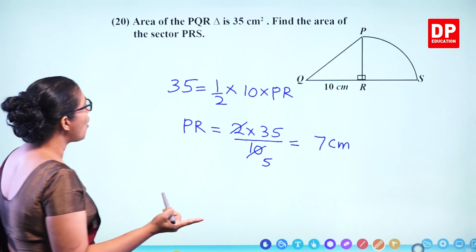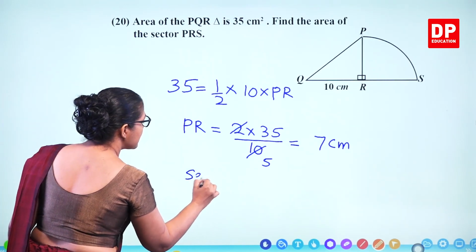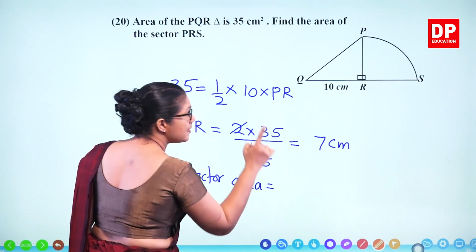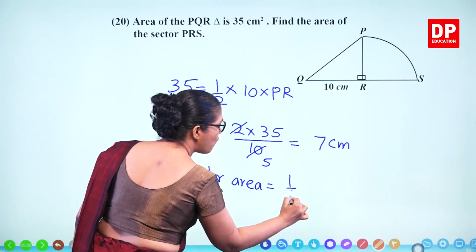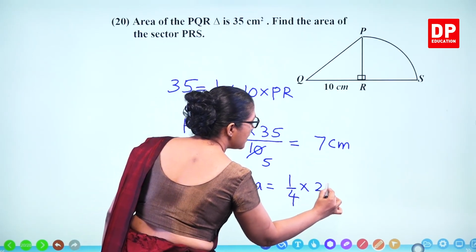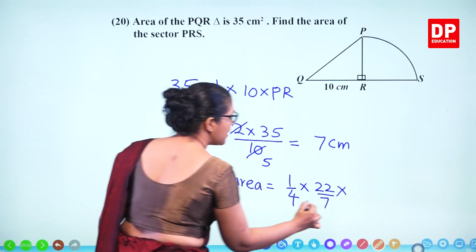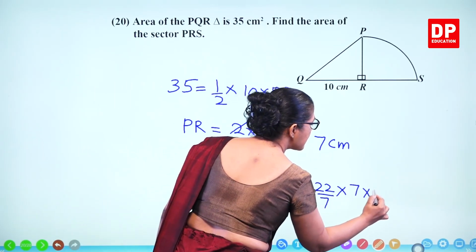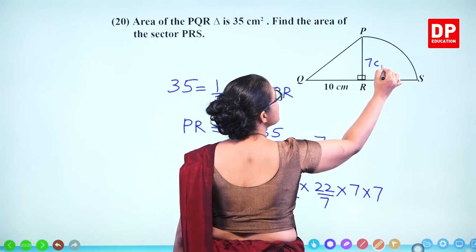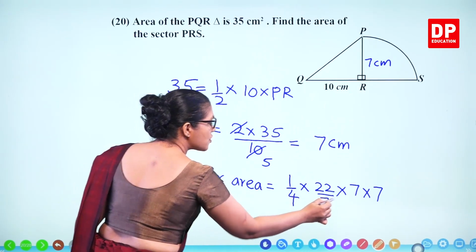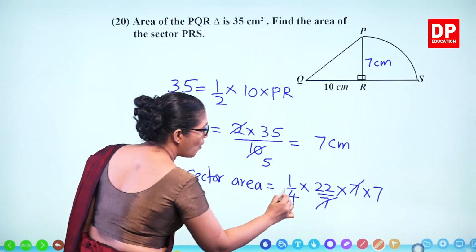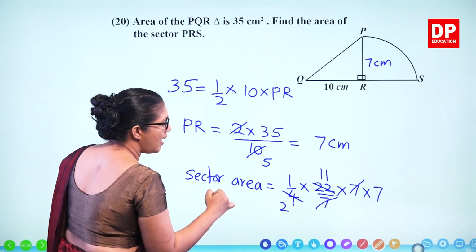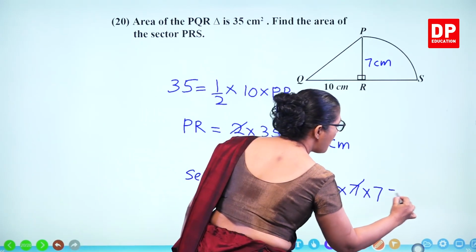So what's the area of the sector? Sector area is equal to, this is a quarter of a circle, 1/4 pi. That's 22/7 and r squared. 7 times 7. So 7 and 7 get cancelled out. 2 with here 11. And 77 divided by 2.